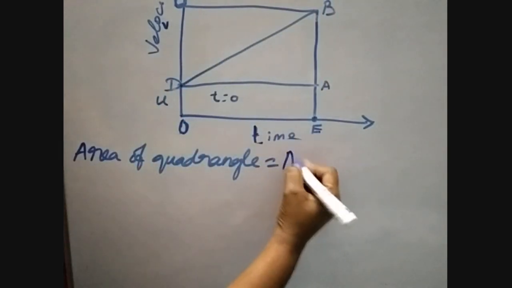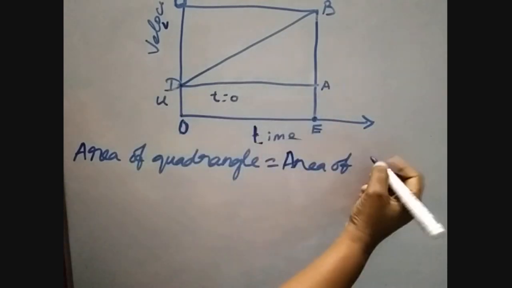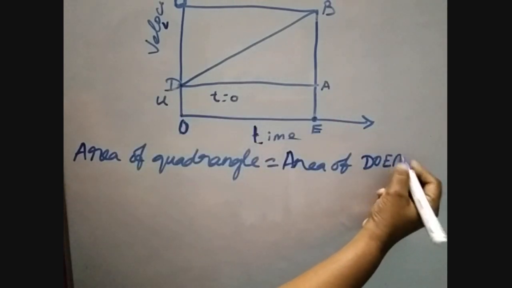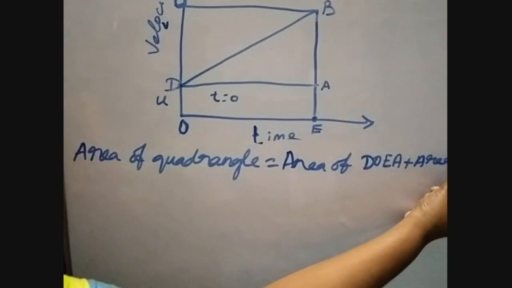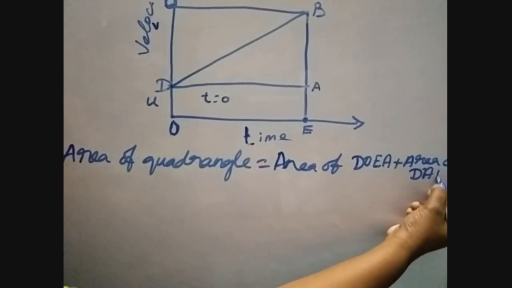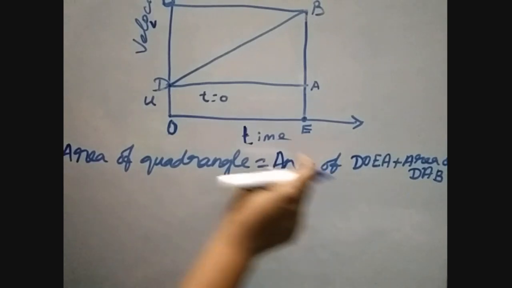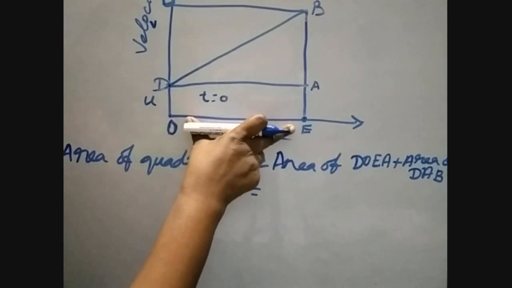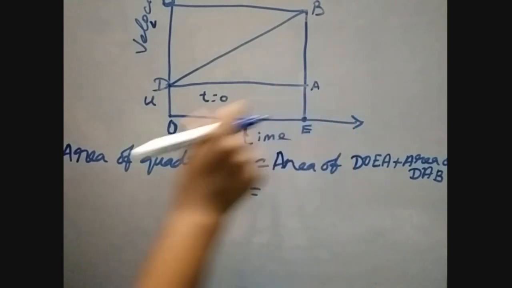Now this one is the area of rectangle DOEA plus the area of triangle DAB. Now what's the formula for area of a rectangle? Length into breadth.